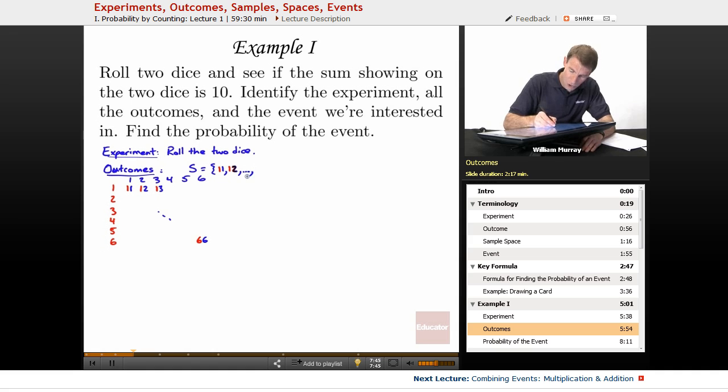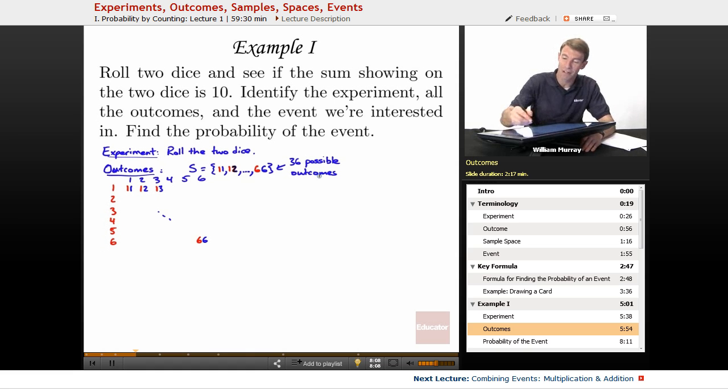And all the way up to a red 6 and a blue 6. So we have 36 possible outcomes in this experiment, possible combinations of numbers on the 2 dice. So that's our sample space, all the possible outcomes.